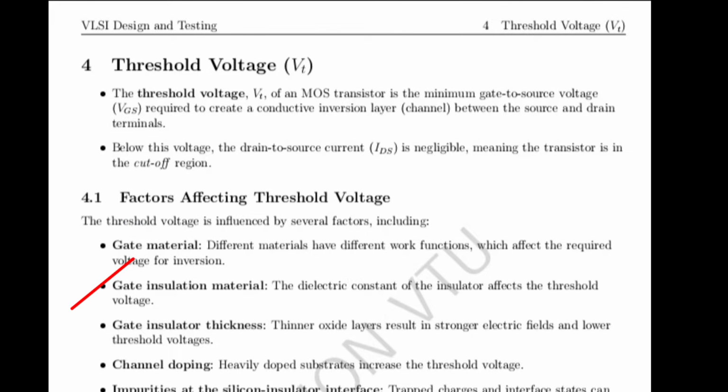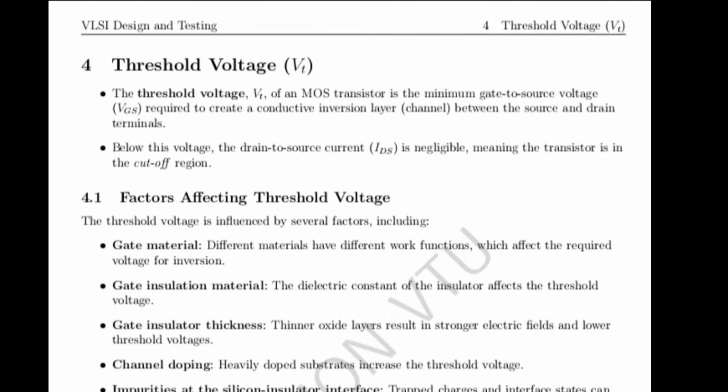Next one is gate insulation material. The dielectric constant of the insulator affects the threshold voltage. The dielectric constant is one of the most important regarding the threshold voltage.